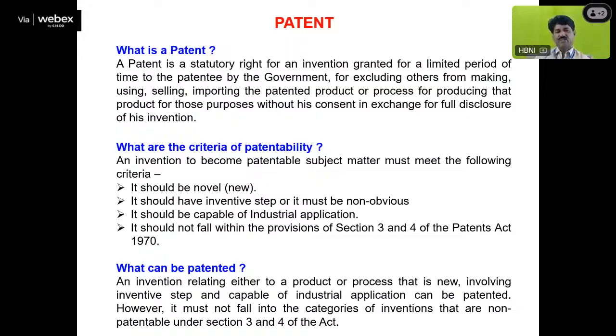An invention relating to either a product or a process that is new, involving an inventive step and capable of industrial application can be patented. There should be an inventive step involved in the various steps included, and it should also have proper applications. Without proper application, it will not be accepted for patent. However, it must not fall into the categories of inventions that are non-patentable under Section 3 and 4 of the 1970 Act.